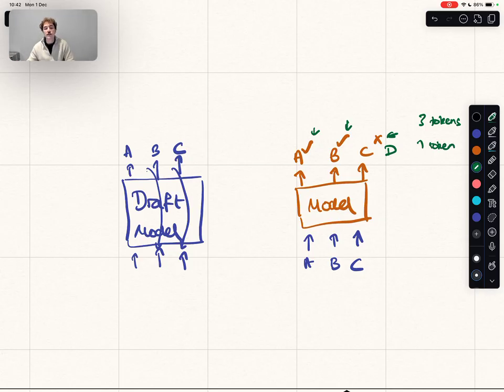What dominates this inference time is the weights of the model being pulled in from VRAM, and that doesn't change when you're running with three tokens instead of one. And so in this case, our inference is sped up by 3 times, because it takes the same time to pull in the weights. We get 3 tokens instead of 1 token.